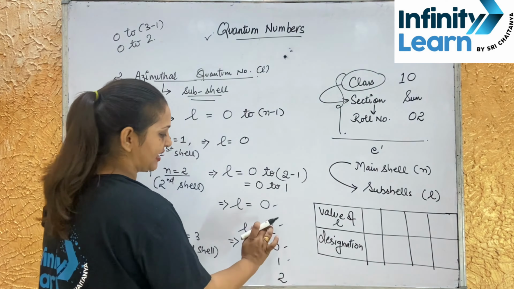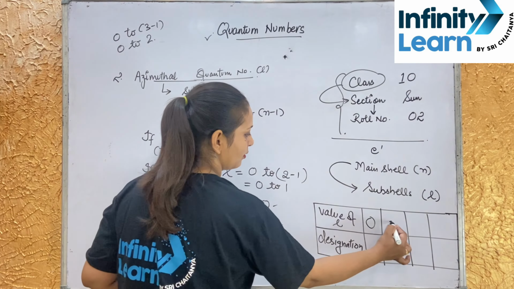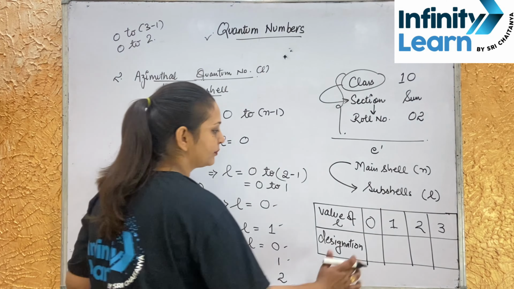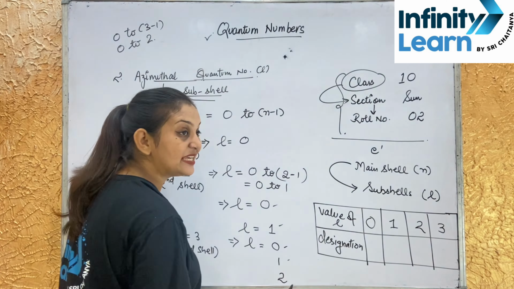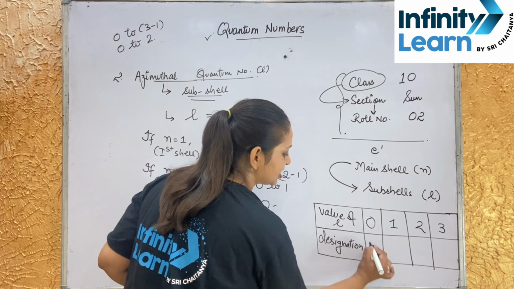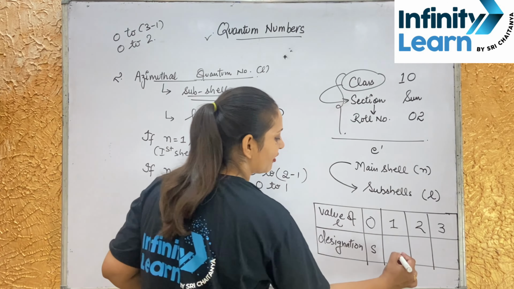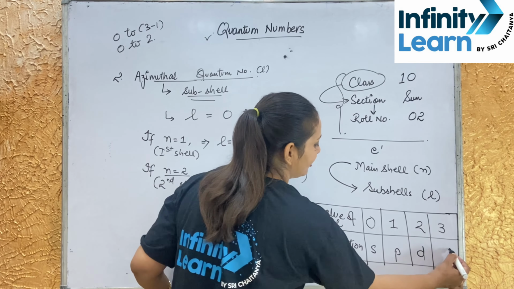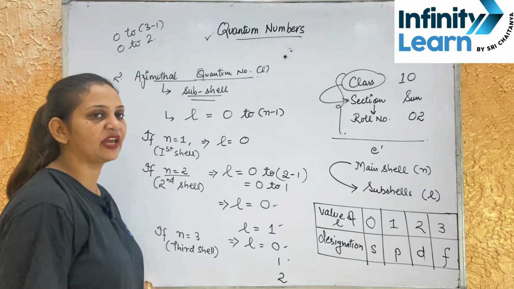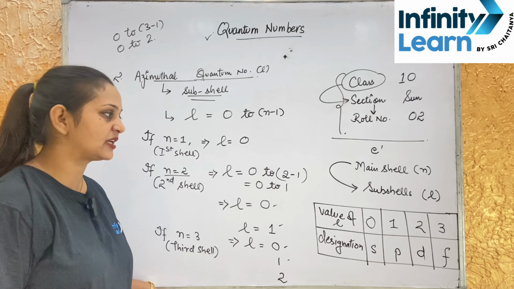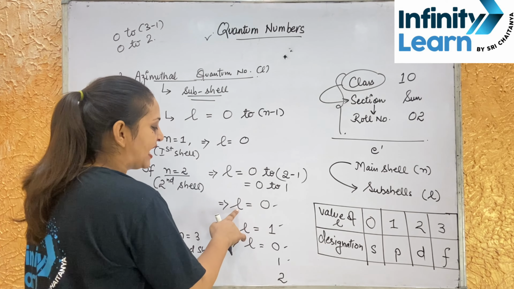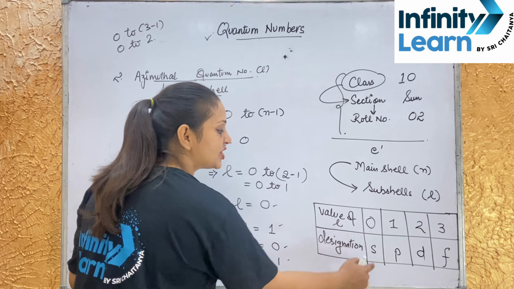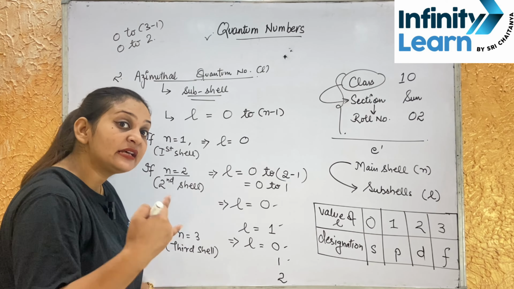L can have value 0, 1, 2. Similarly, it can have the value 3 as well. For the value 0, its designation is S. For 1 we use P, for 2 we use D, and for 3 we use F. If the value of L is 0, it means it is the S subshell.